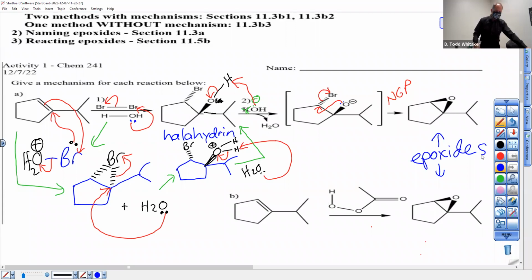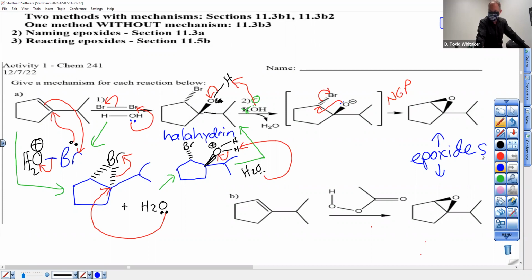So if you had to summarize what makes something an epoxide, what would you say? It is a specific version of a more general functional group. What functional group has carbon, then oxygen, then carbon, and neither one of those carbons is a carbonyl? Ether, yes. Chapter 11 is ethers.